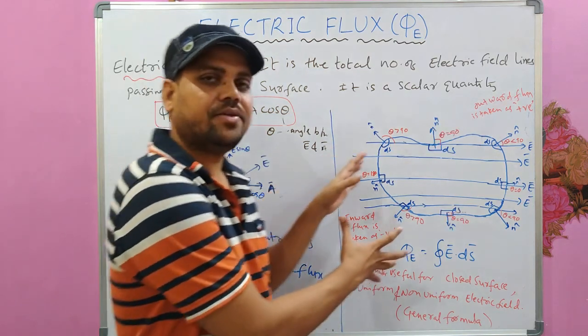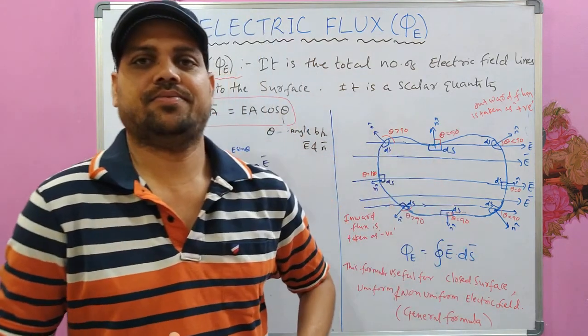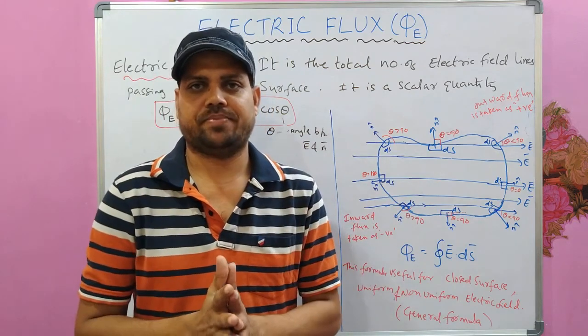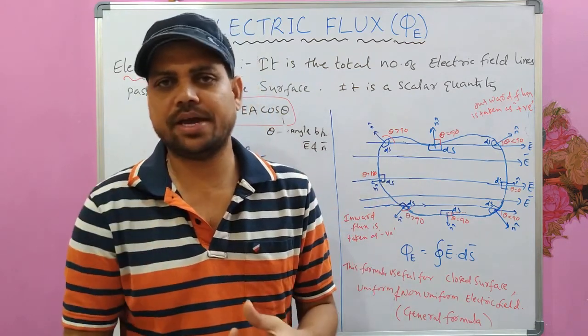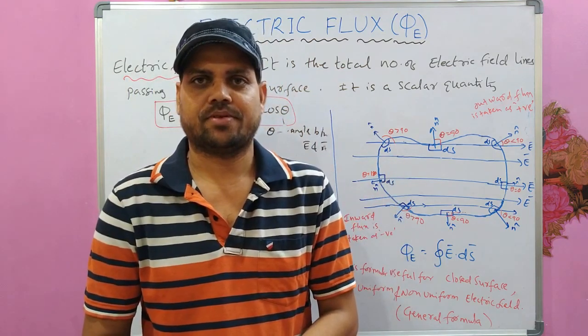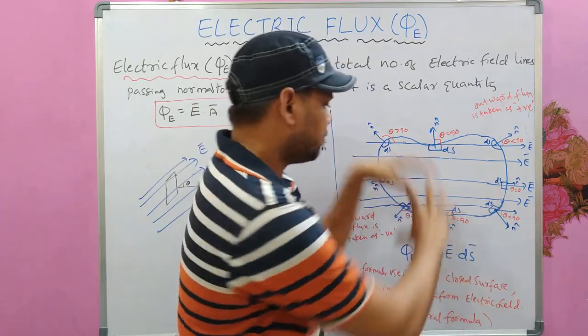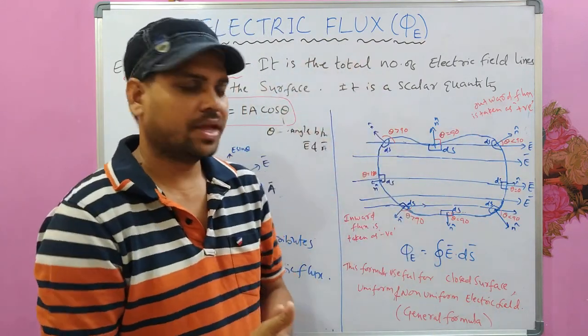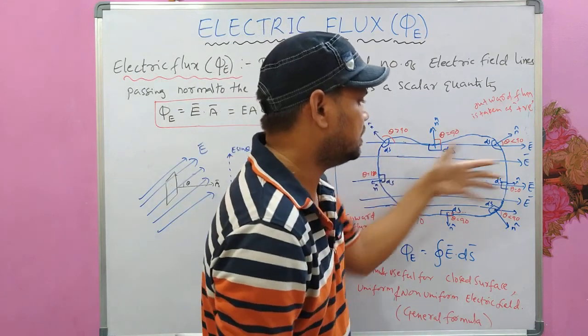Now we will consider one 3D surface which is a closed surface of an irregular shape. It need not be a sphere, need not be a cylinder, it need not be a cube. As shown in this picture, I have considered one irregular shape 3D surface which is a closed surface and electric field direction is in this way as shown here.